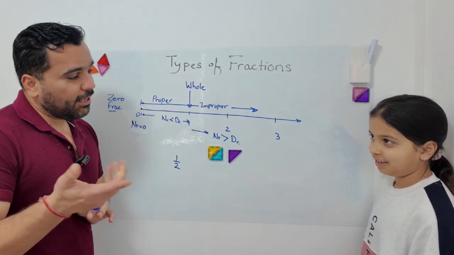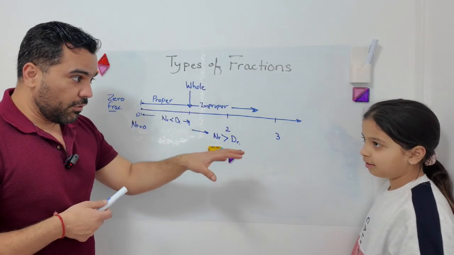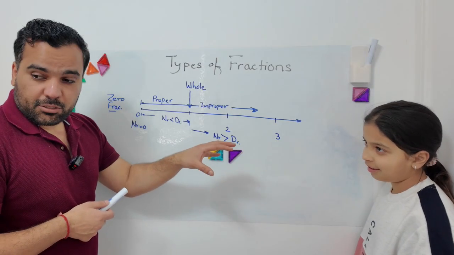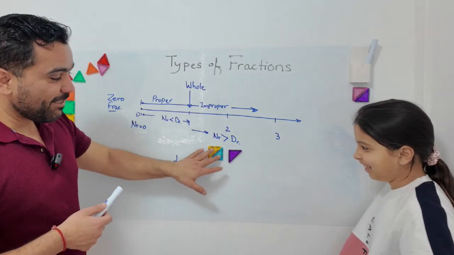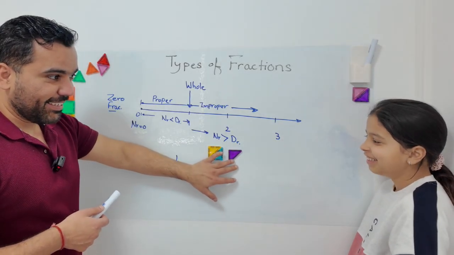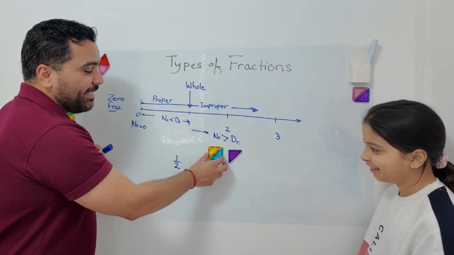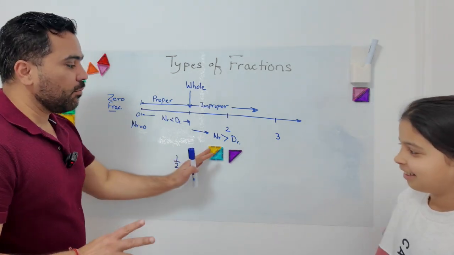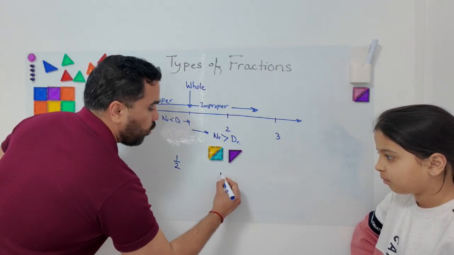Okay, so say you have 2 Lint chocolates. You ate all of yours, and she stole half of yours. So she got 1.5. So basically you get more than your share. So this is your 1.5.